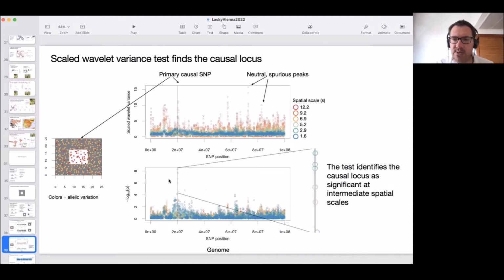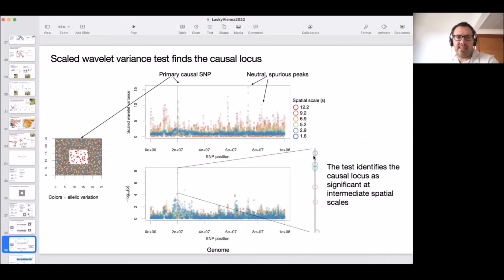But when we calculate the p-value using the chi-squared distribution approach, we see pretty good resolution here of that locally adapted locus. And just zooming in here, I'm showing you the colors, which indicate the scales at which the p-values were lowest for this test. Those are intermediate scales.